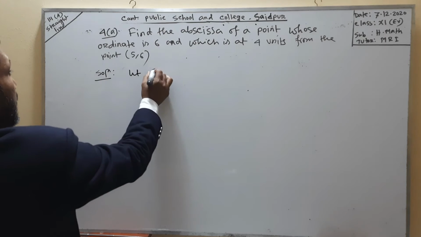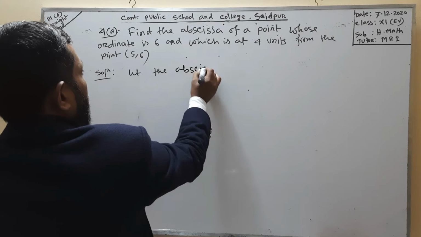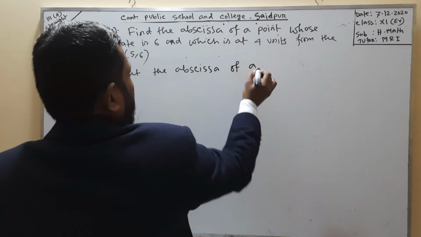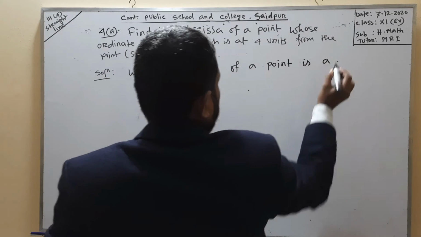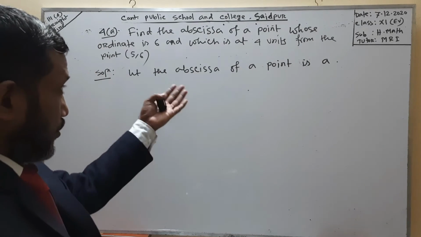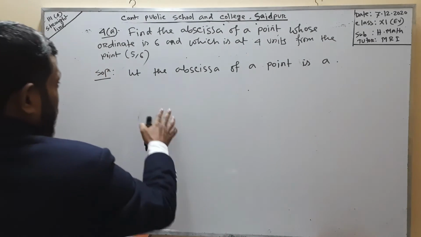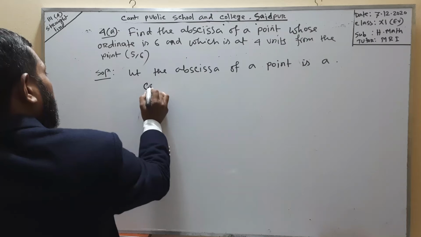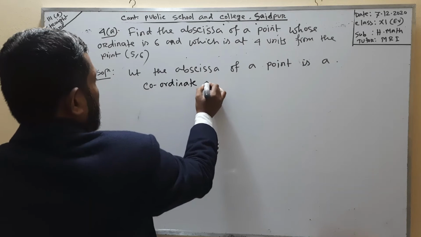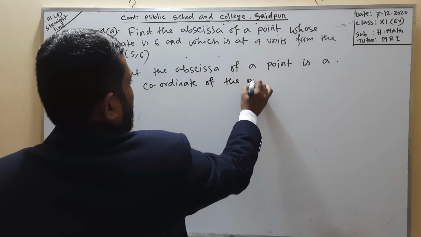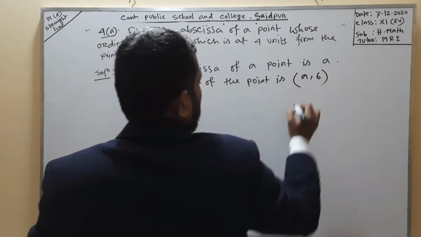Let the abscissa of the point be A and whose ordinate is 6. So the coordinate of the point is A comma 6.